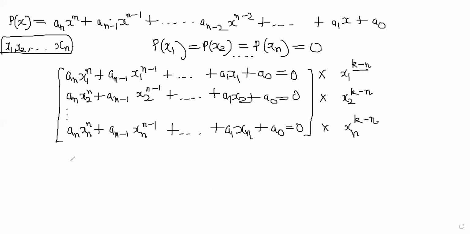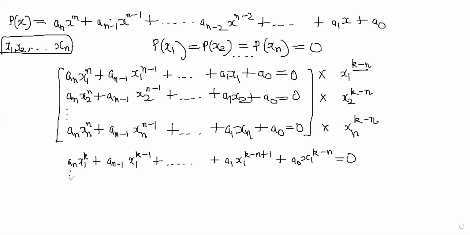You will get something like this: an x1 to the power k plus an minus 1 x1 to the power k minus 1, and so on, plus a1 x1 to the power k minus n plus 1 plus a0 x1 to the power k minus n is equal to 0.